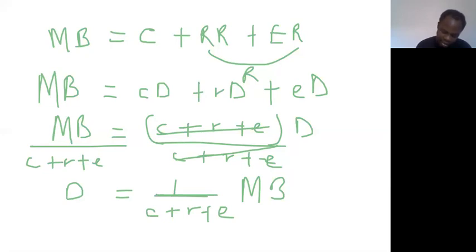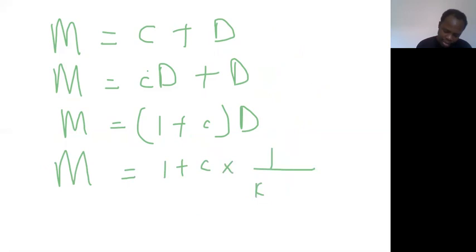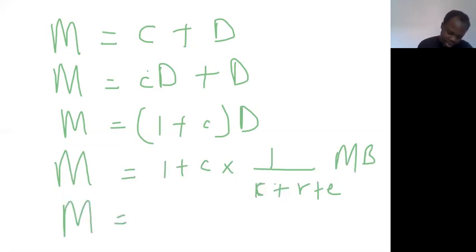So M is equal to 1 plus c times, we know the D is equal to what? 1 over c plus R plus E times the monetary base, right? Then I can say M is equal to 1 plus c all over c plus R plus E multiplied by the monetary base. Okay.